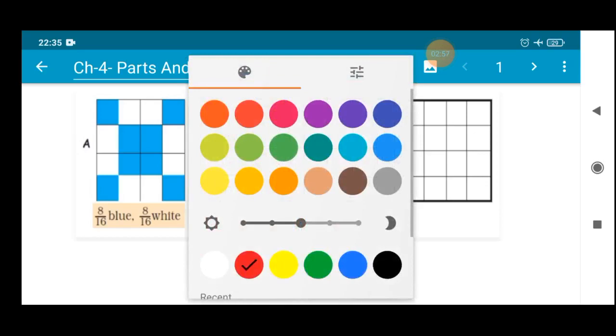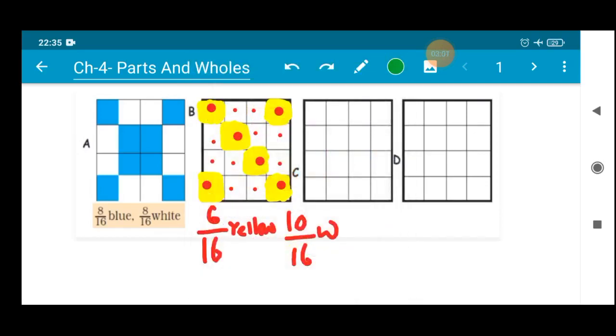All right, next I'll be choosing green. So in order to do this, I'll color this part first, then I'll color this part. I have already told you that you can take any pattern and you have to write what part you are coloring and what part you are keeping white. The choice of your pattern is your own choice.